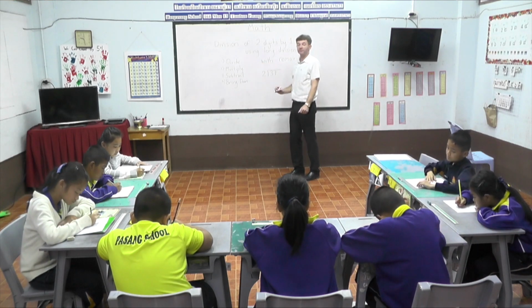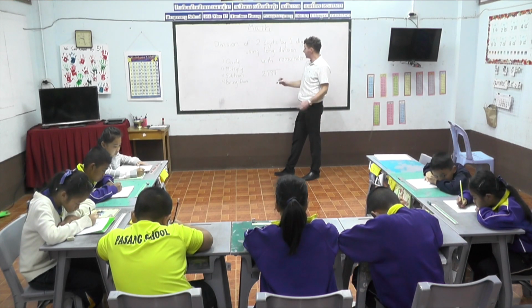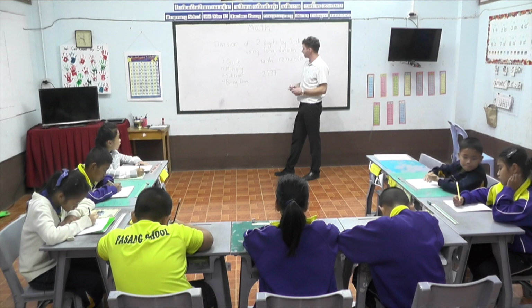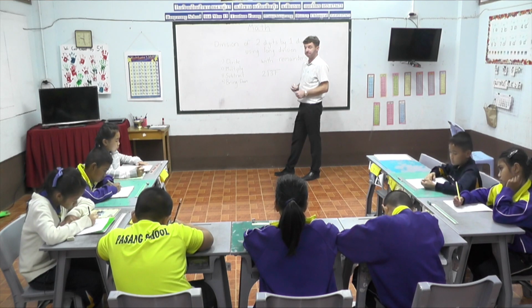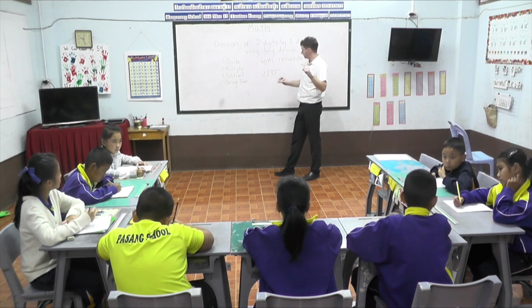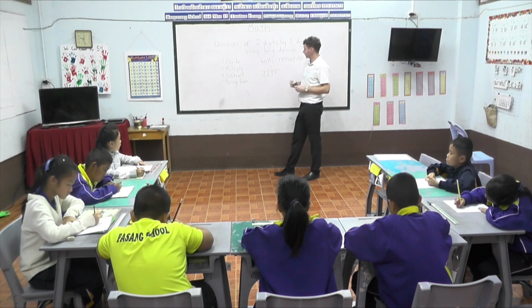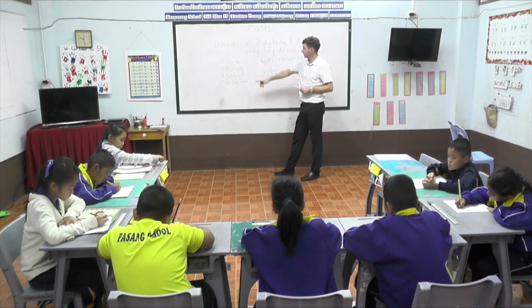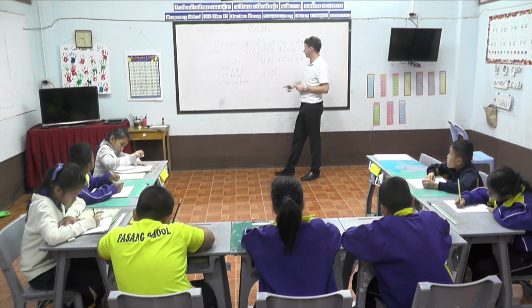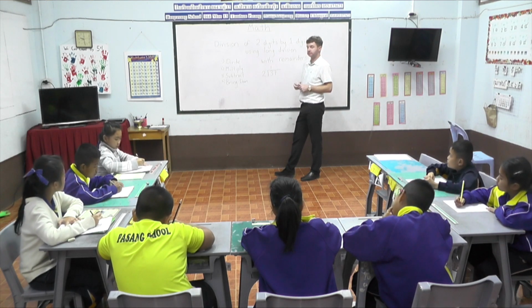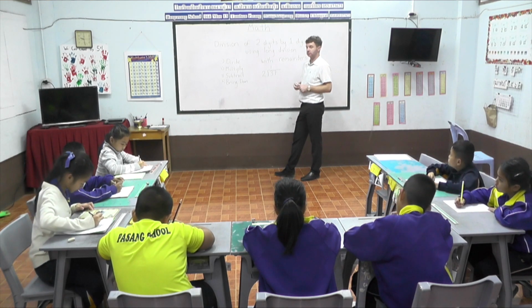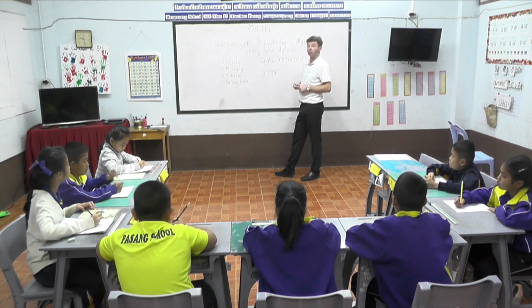Step 1, divide. How many times does 2 go into 3? 1. So we write our 1 on top. Next step, multiply. 2 times 1 equals 2.